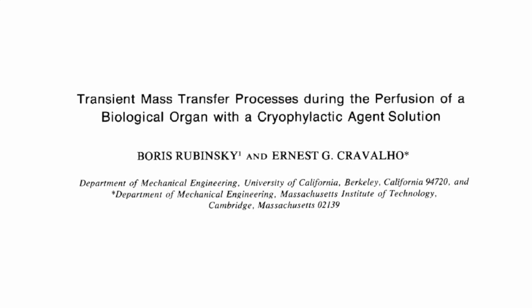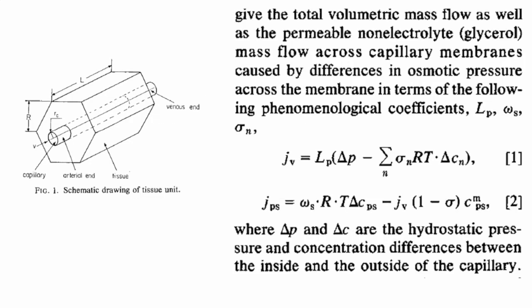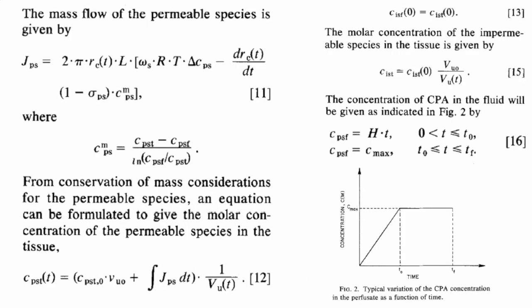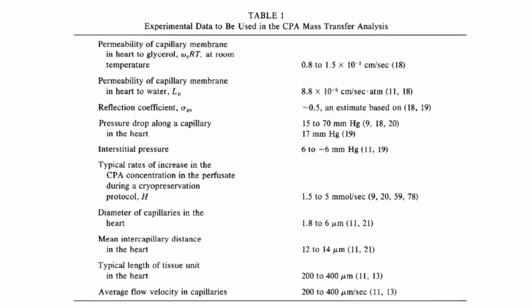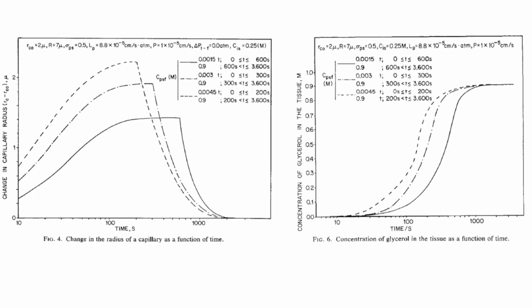This is a much more difficult problem because the fluid flow is very slow. You have laminar flow, but extremely slow, particularly through the capillaries, the sinusoids in the liver. So we've developed some mathematical models for that, and we find that physically it's impossible to actually introduce the level of cryoprotectants that you want into the tissue, and that's a main problem.